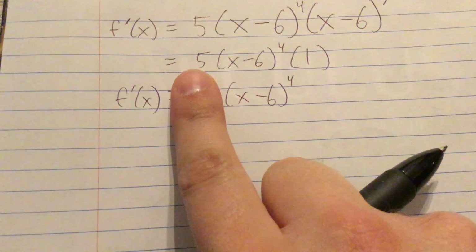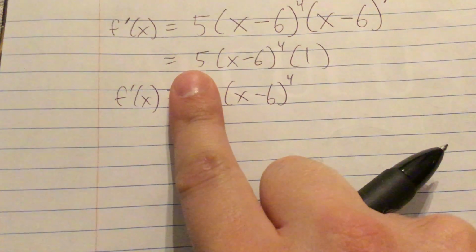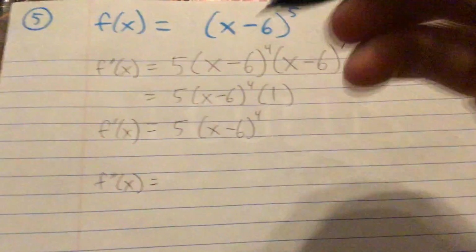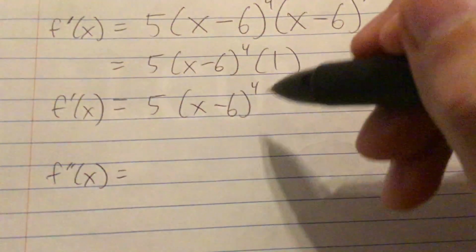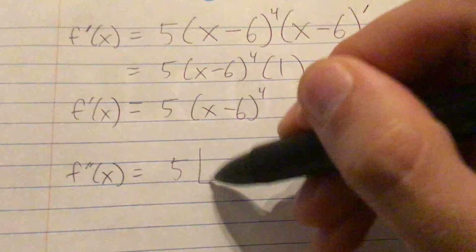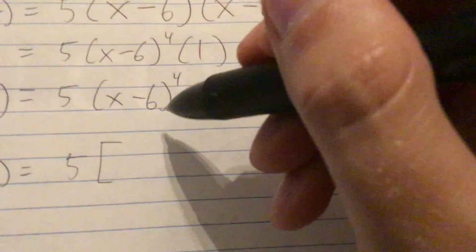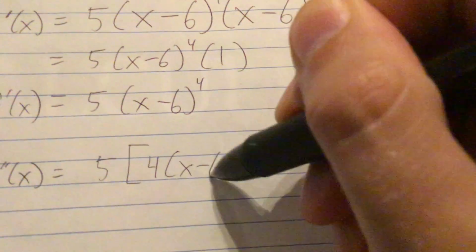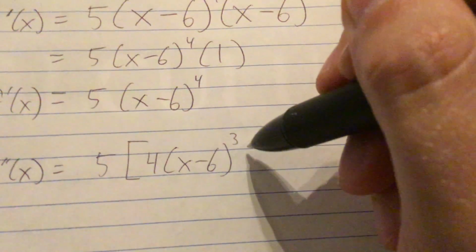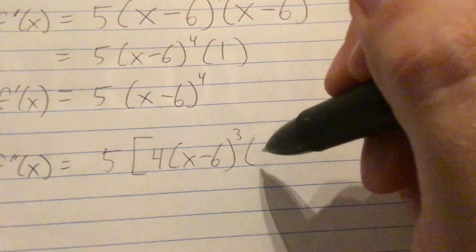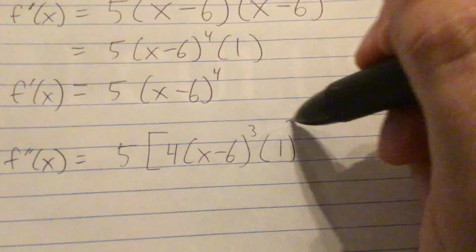But another way to think about it is, if we factor out the coefficient, all we literally do to take the derivative of 5 times x minus 6 to the fourth power is we just pretend that this 5 was just on the outside all along. So let's do the derivative of x minus 6 to the fourth power. That'd be 4 times x minus 6 to the third, and then the derivative of x minus 6 would be 1.